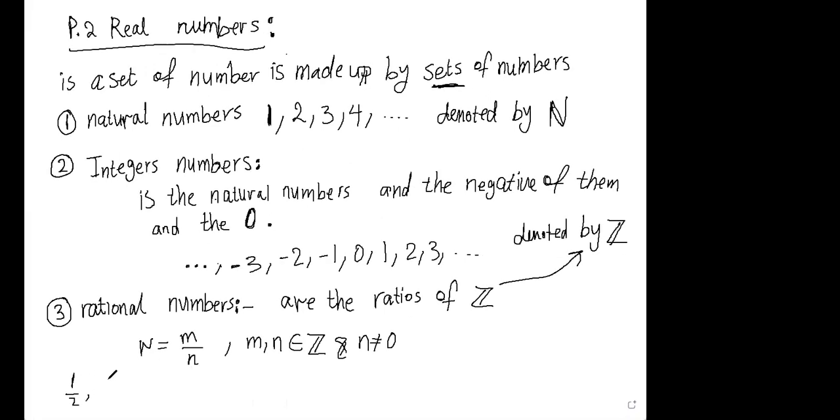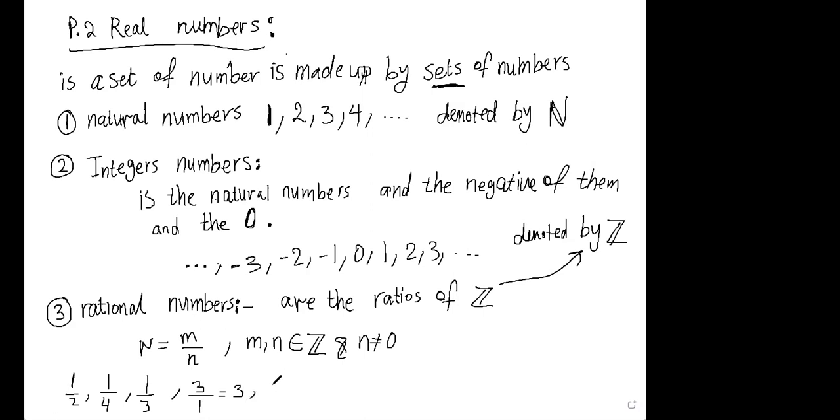What about the number 3? Is it a rational number? Yes. Why? Because it can be put as a fraction, 3 over 1, and 3 over 1 is 3, right? So 3 is a rational number.